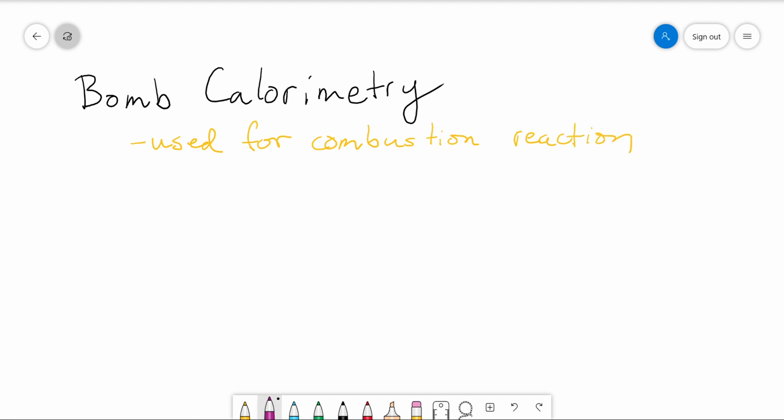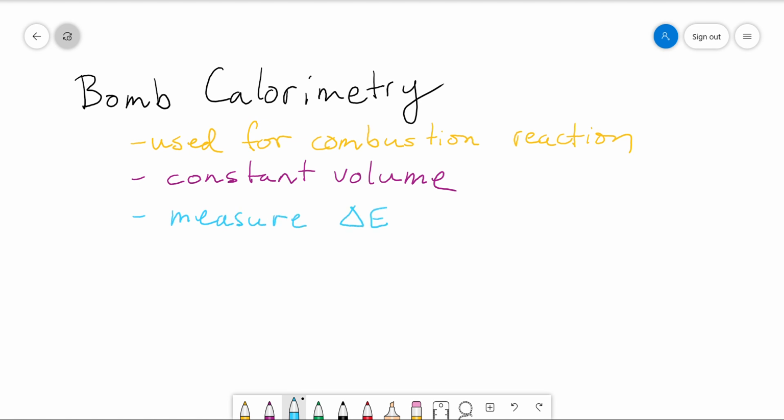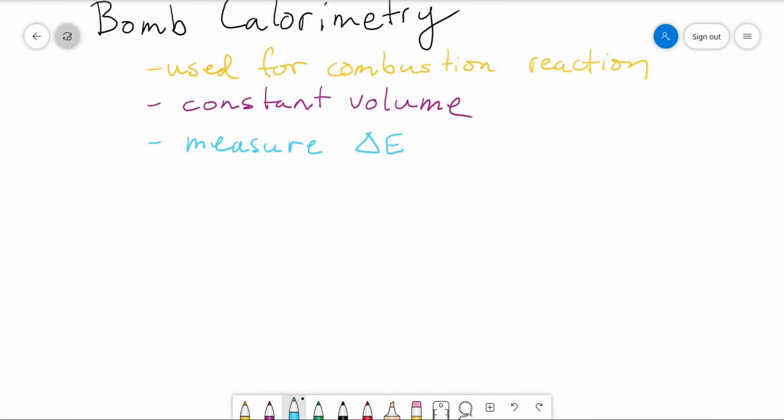And the key to this is they are all at constant volume. And because they are at constant volume, I'll show you in a second, they measure change in internal energy, delta E. And the reason is, if you look at the equation for delta E, it is equal to Q plus W. And then remember what W is.